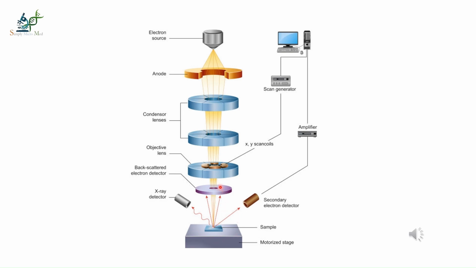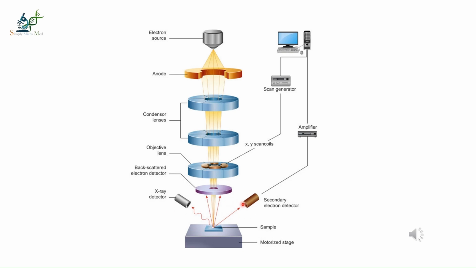When electrons pass through and hit the sample, it will generate various types of electron signals. And these electron signals are detected by these detectors, such as the X-ray detector, backscattered electron detector, and secondary electron detector.